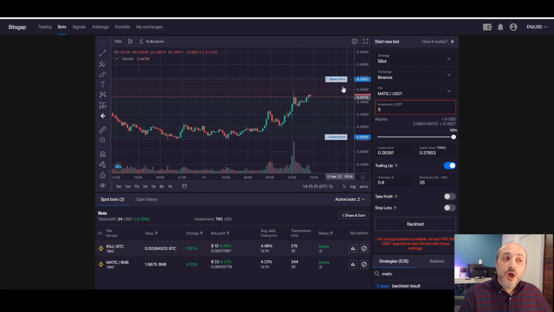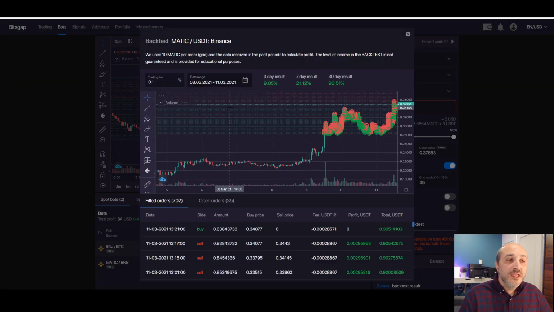If we want to see how this exact setup would perform in the previous couple weeks, we can do a backtesting. So there's a backtesting right here. We just click on it and it will give you the performance of this exact setting in the last 30 days, 7 days, or 3 days. So actually this one is pretty good.